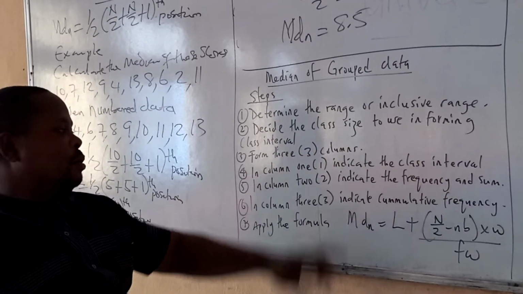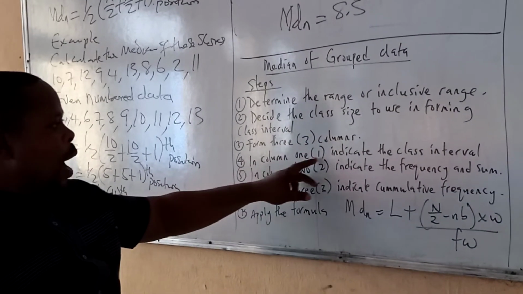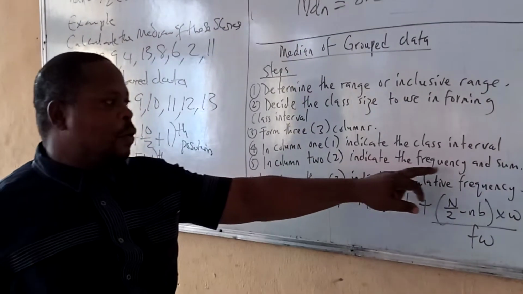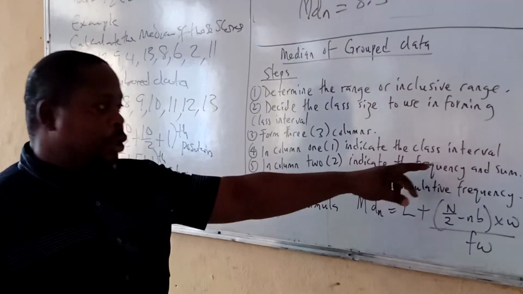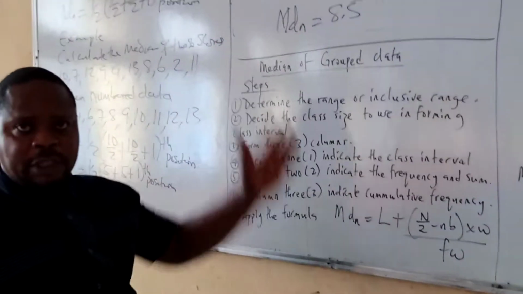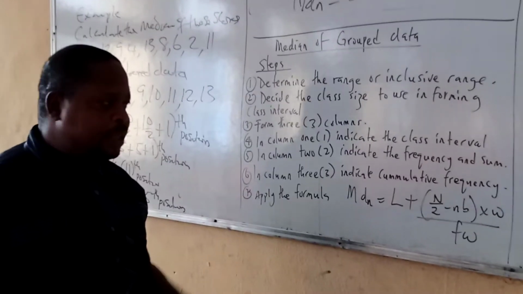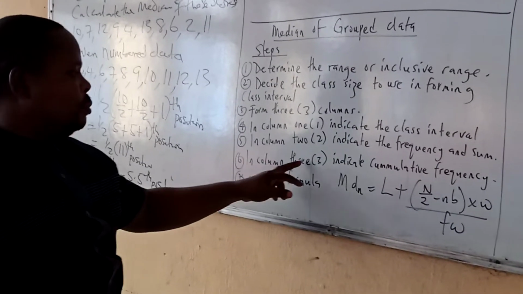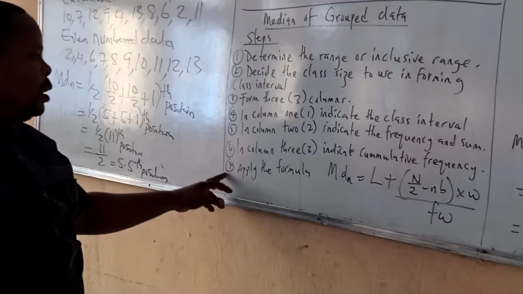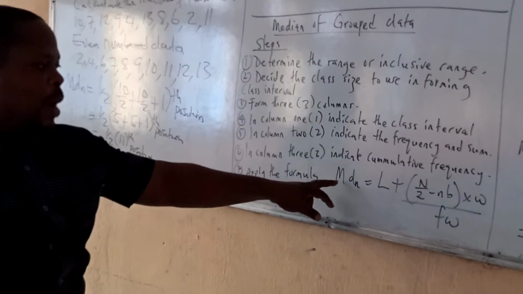Then form 3 columns. In column 1, indicate the class interval. In column 2, indicate the frequency and sum. Already you notice that in the frequency column, once you put a cross in the frequency column, it must be added together. Then in column 3, indicate the cumulative frequency. And then step 6, apply the formula.